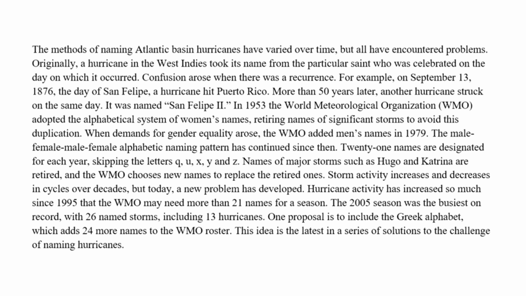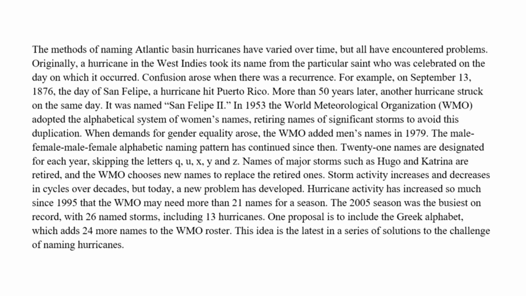The male, female alphabetic naming pattern has continued since then. 21 names are designated for each year, skipping the letters Q, U, X, Y, and Z. Names of major storms, such as Hugo and Katrina, are retired and will not be used again, and the WMO chooses new names to replace the retired ones. Storm activity increases and decreases in cycles over decades, but today a new problem has developed. Hurricane activity has increased so much since 1995 that the WMO may need more than 21 names for a season.